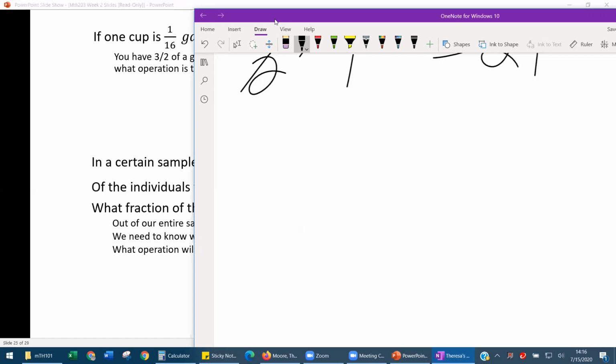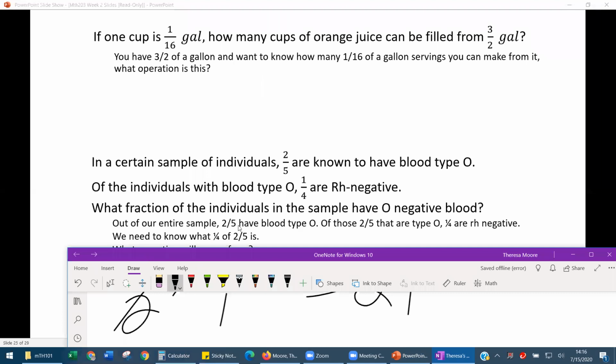What fraction has O negative blood? So we're trying to find a fourth of 2/5. So now we're actually cutting this 2/5 into fourths. So you could think of it as division.